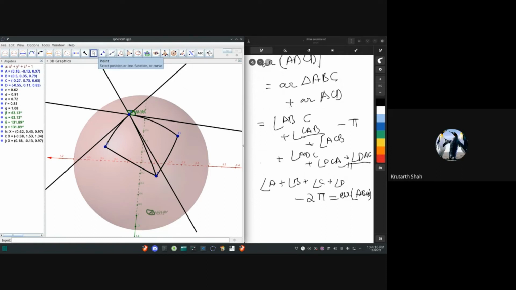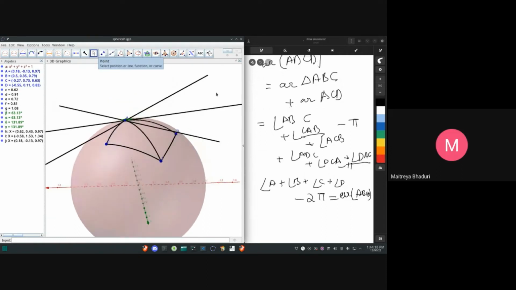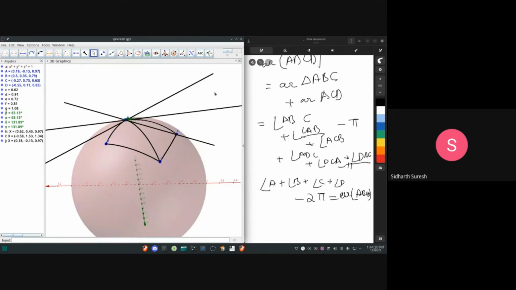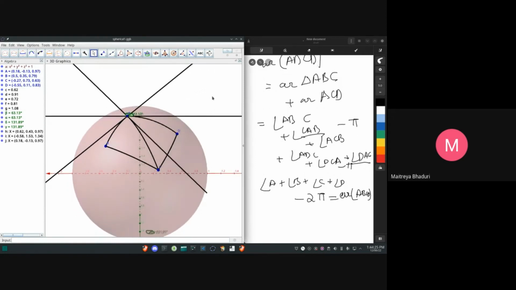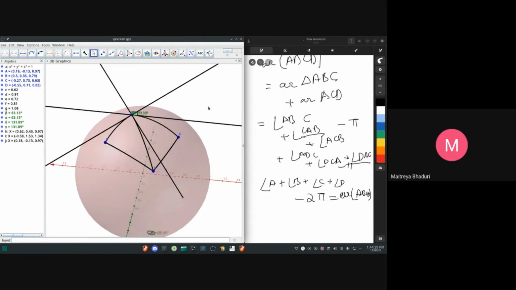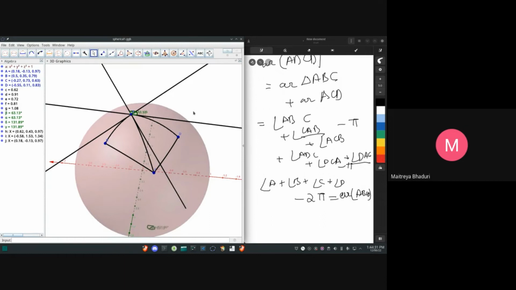Are they coplanar? Yes, because they all lie on the plane tangent to the sphere. Then it holds due to plane geometry. Since they're on the same plane, the angles add up normally, and it works the same way.